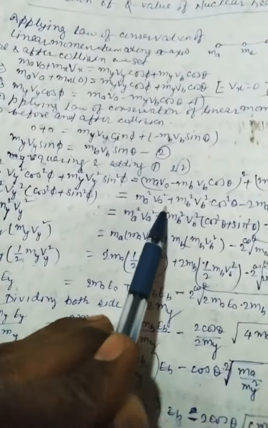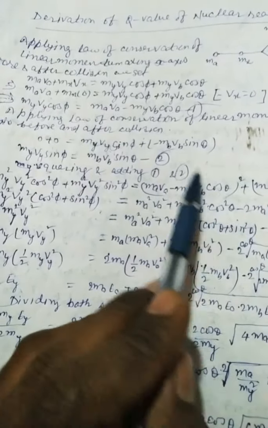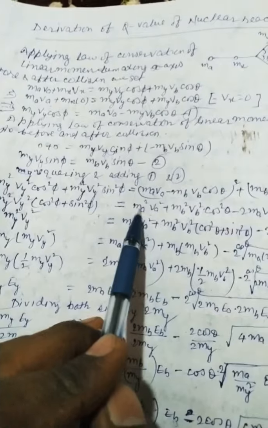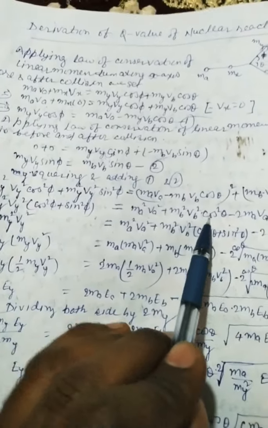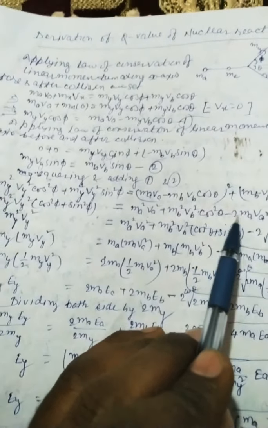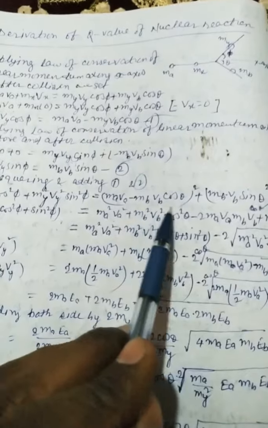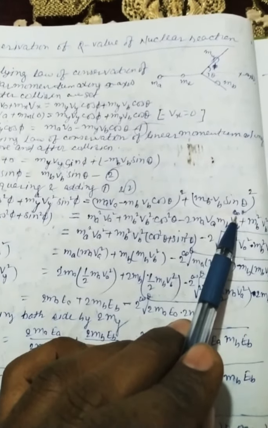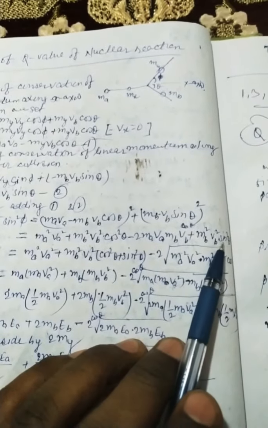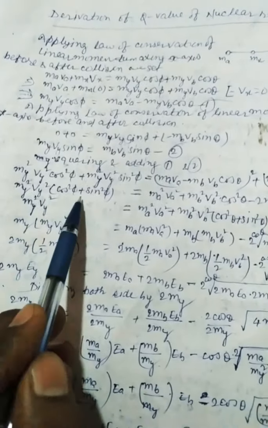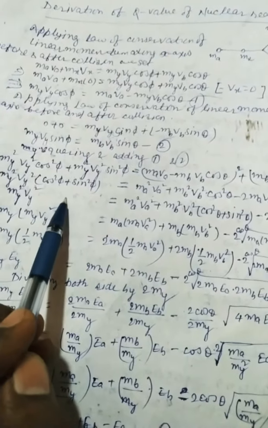Expanding the square of A minus B, we get MA square VA square plus MB square VB square cos square theta minus 2 MAVA MBVB cos theta, plus MB square VB square sin square theta. We know that cos square phi plus sin square phi equals 1.